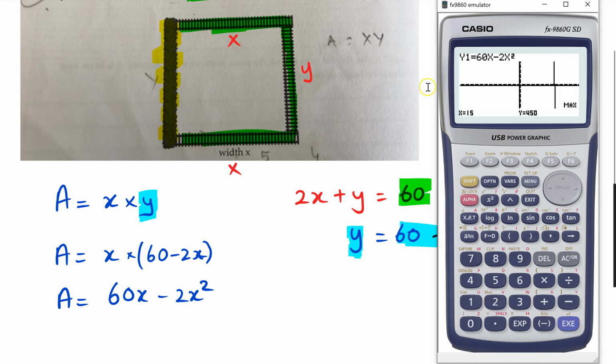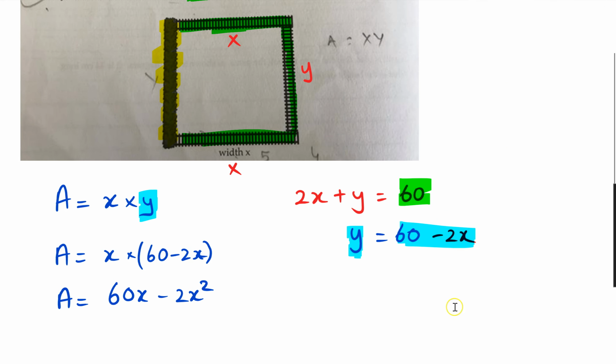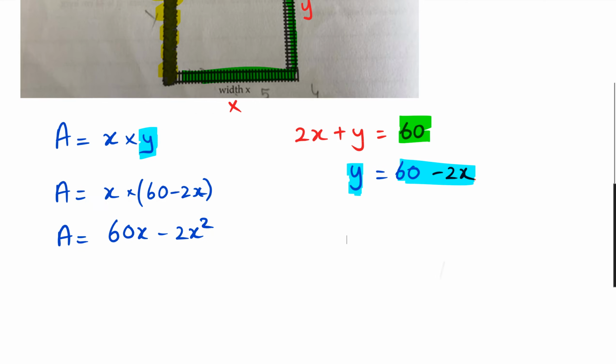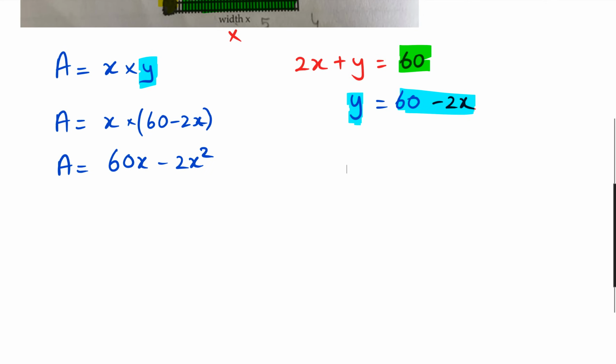Anyway, we know what the answer is, but I'm going to show you another way of doing this, and this always works as well. This shape has a negative coefficient for x squared, which means your parabola is going to look something like this.